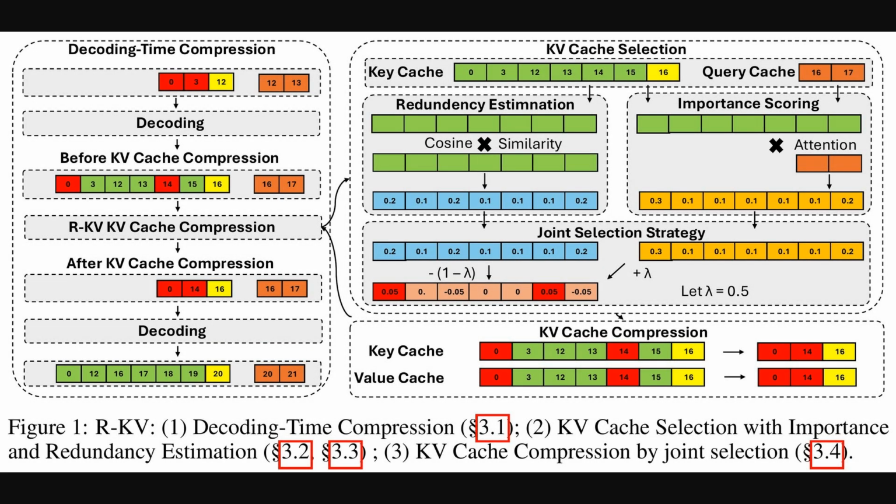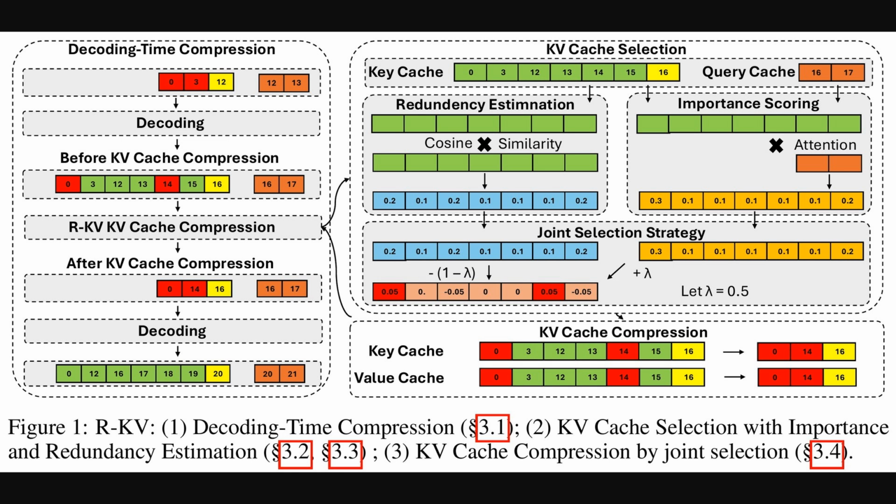Alright, so this figure gives us a great high-level view of how the RKV framework operates. On the left, you can see the overall process. As the model decodes text, its short-term memory, that key value cache, gets bigger. Then, the RKV method kicks in and compresses it. The real innovation is in the middle section.